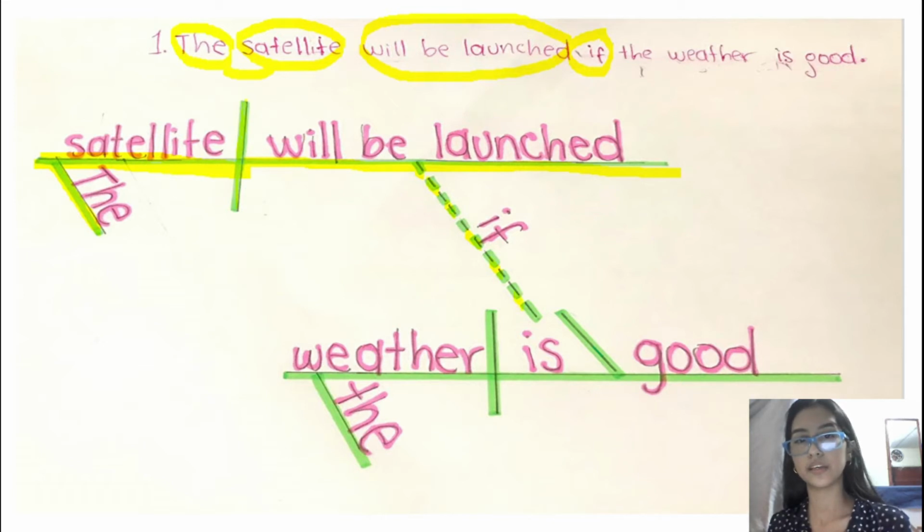We write if. Then if is going to join the verb of the independent clause and the verb of the dependent clause, that is. Here we have is on a horizontal line.